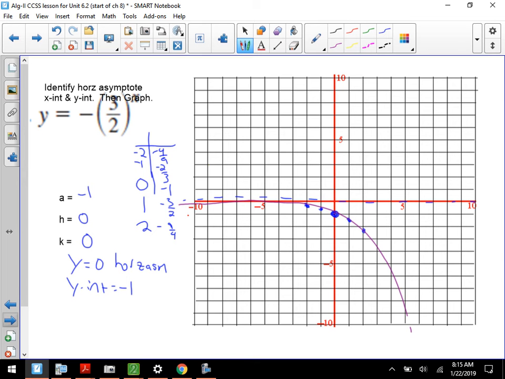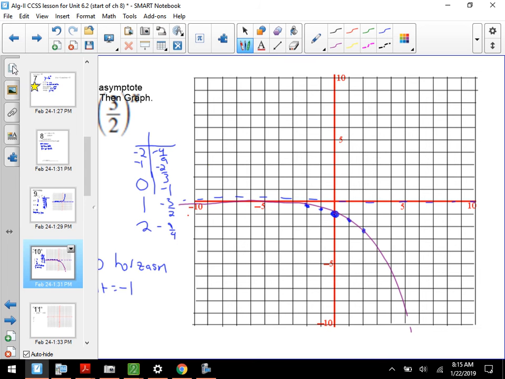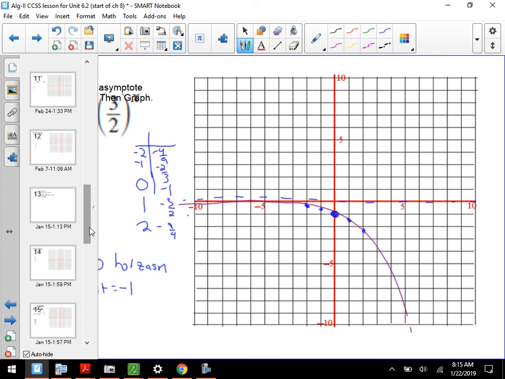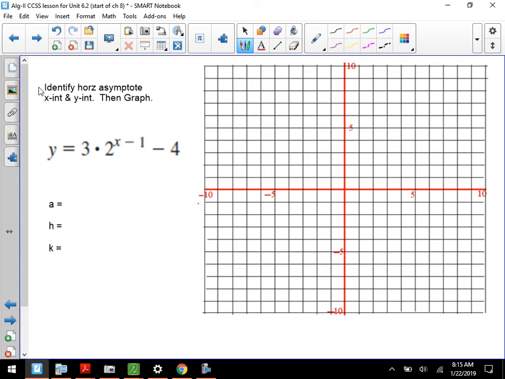All right. Try one with an H and a K. See how we do. When we do these, we're going to do it in 2 steps. We're going to plot the parent function, and then we'll shift everything. That's the easiest way to do it. Plot the parent, then shift.